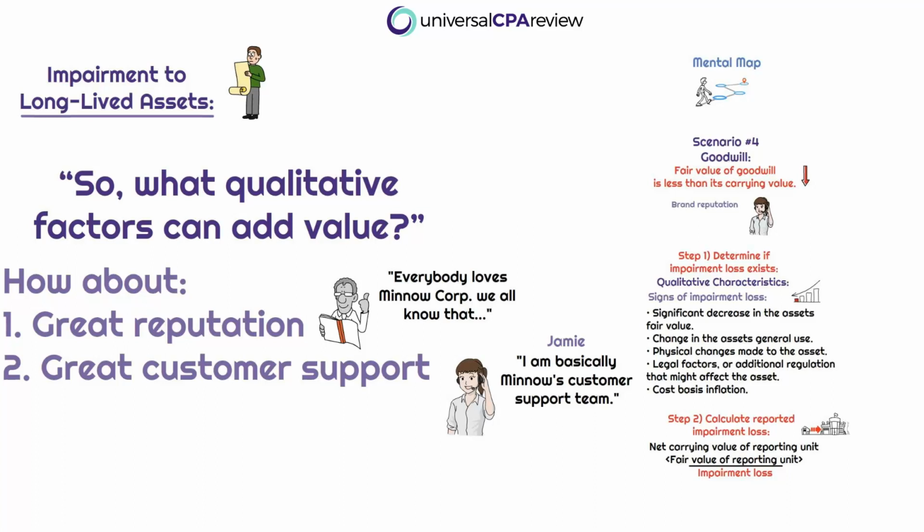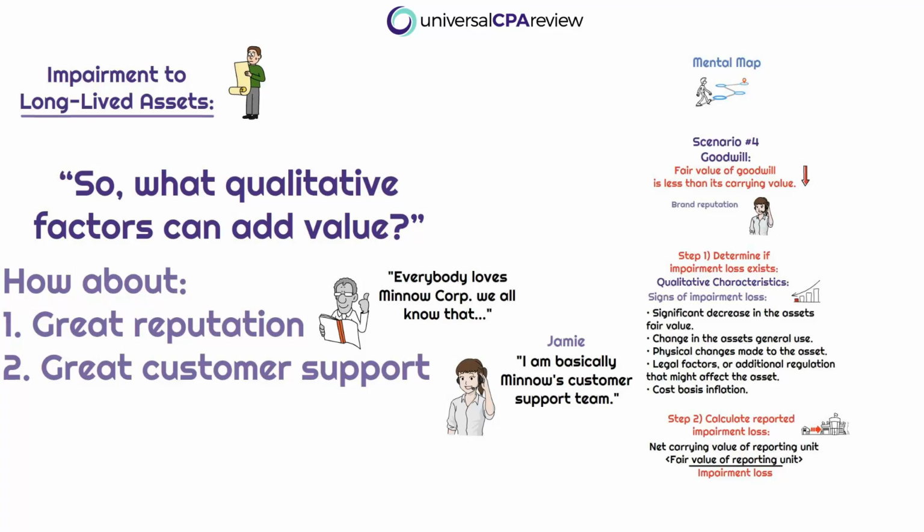Yes, on the exam, you can memorize that goodwill is all intangible assets that are not identifiable, right? But we want to be a well-rounded professional when we have our license. So let's think about this intuitively. What can this mean? Well, what if Minnow Corp has a great reputation or great customer support? That has value. Maybe that's the reason that Shark Corp is going to feel comfortable paying this premium.